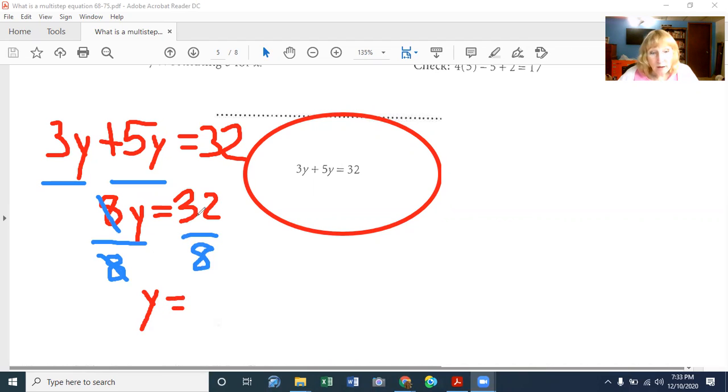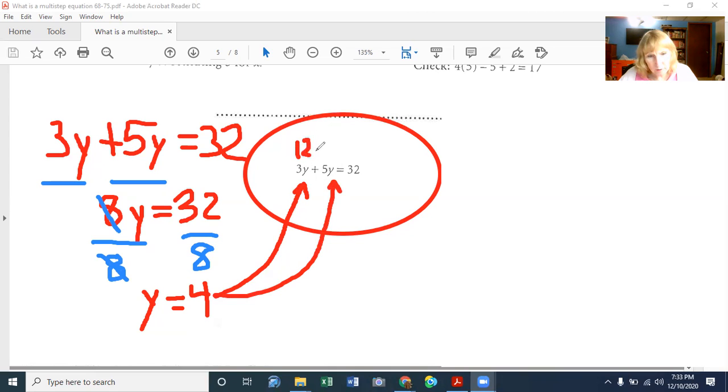Okay, and then do the math. 32 divided by 8 equals, yep, 4. So this answer is y equals 4. If I wanted to check it, I could put 4 in for this y, and I could also put the same 4 in for that y. So I would have 3 times 4 is 12, plus 5 times 4 is 20, and I would hope that 20 plus 12 equals my 32, and it does, so I know I did this correctly.